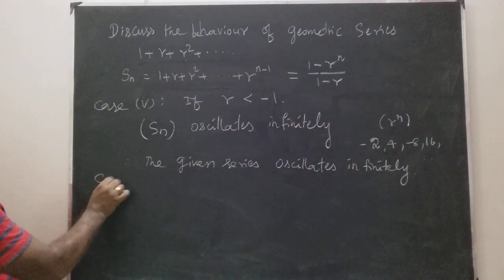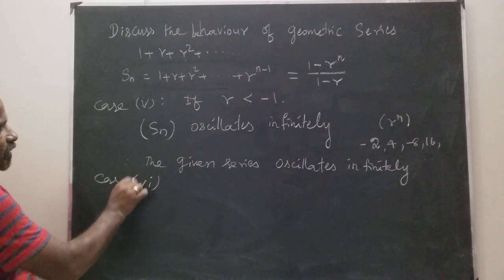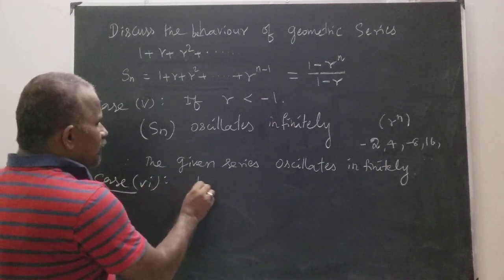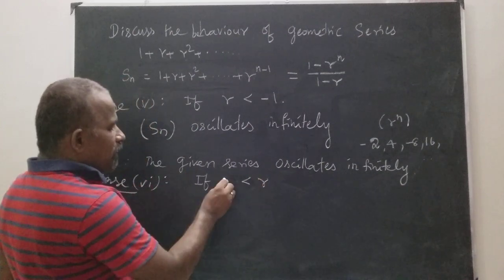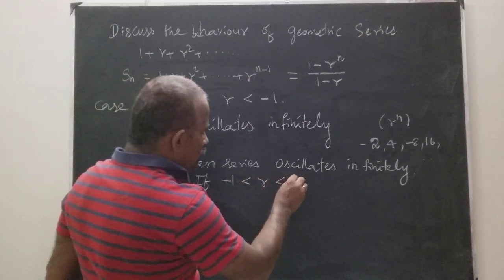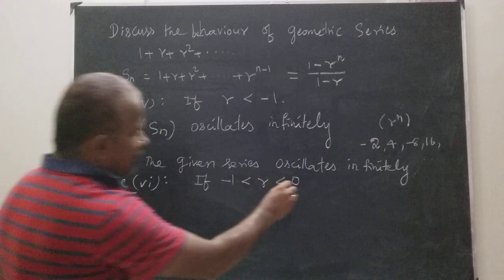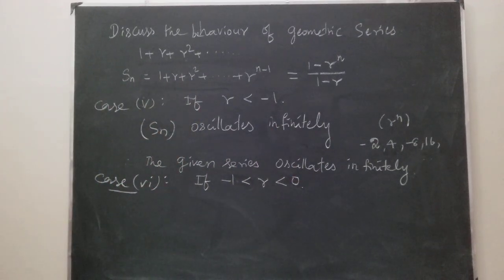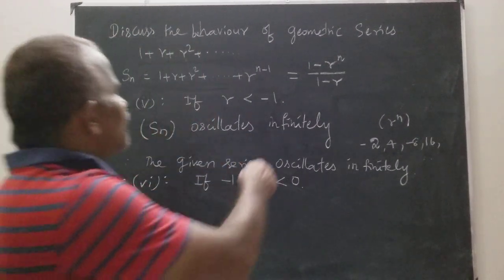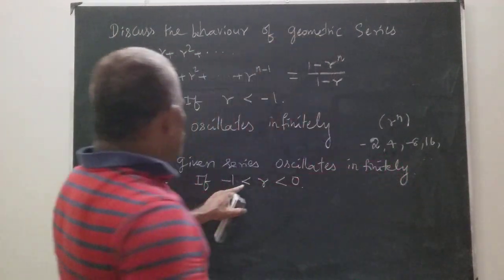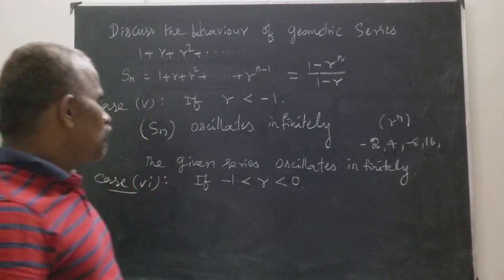One more case that is very interesting. Case 6: if r lies between -1 and 0. This is the most important, interesting case. Here, the series, -1 is less than r is less than 0.